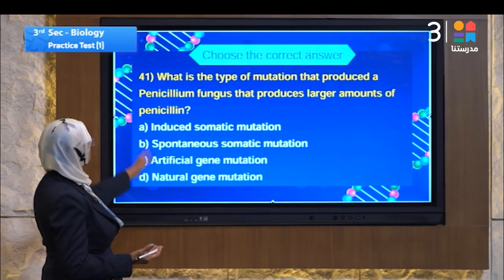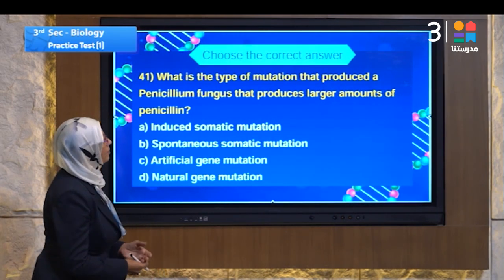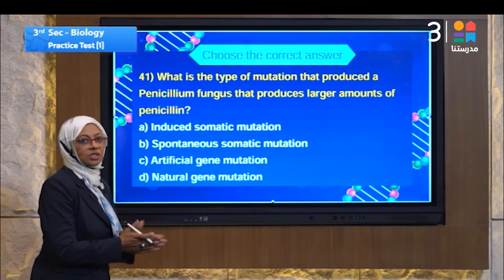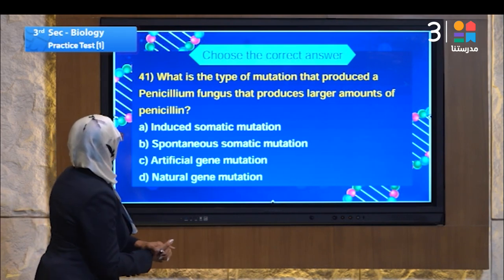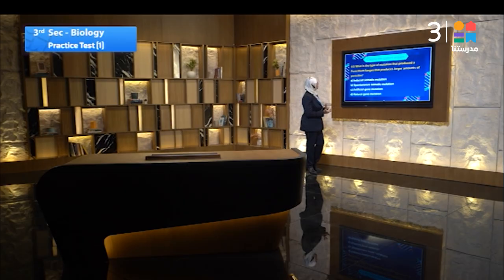Let's go to question number 41. Question number 41 speaks about the type of mutation. Let's read the question carefully. What is the type of mutation that produced a penicillium fungus that produced a large amount of penicillin? Yes, penicillium fungus forms penicillin as an antibiotic.